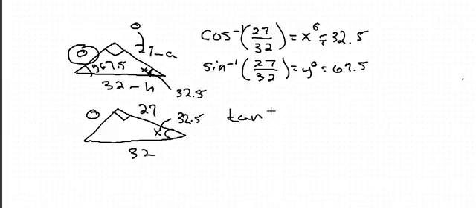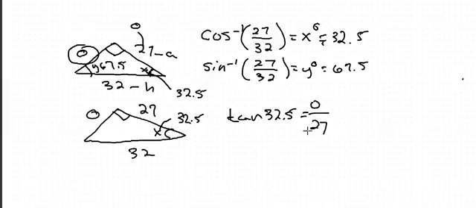So the tangent of 32.5 equals what over what? 27 over x. Tangent is what over what? So x over 27. So it's O over 27. So I'm looking for that other side, right?